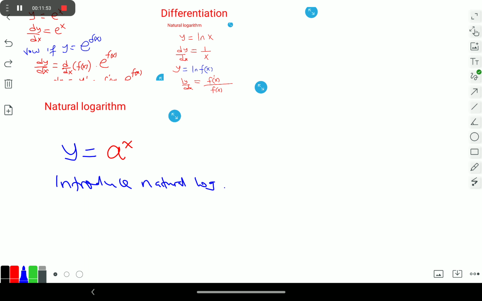So from here we get ln y is equal to ln a to the power x, and then differentiate both sides.